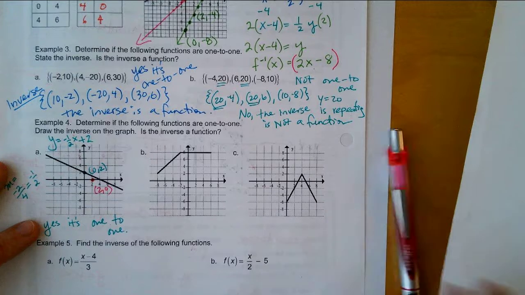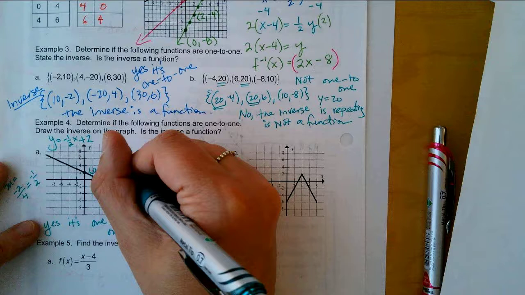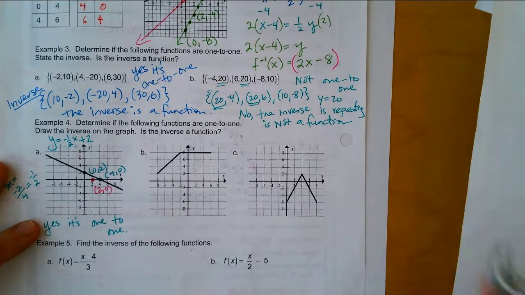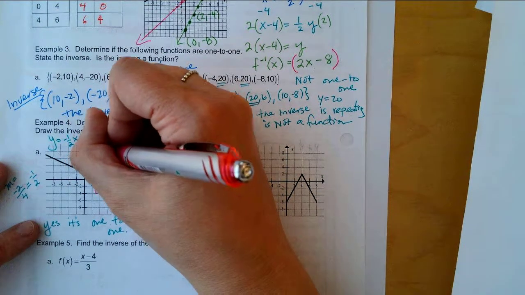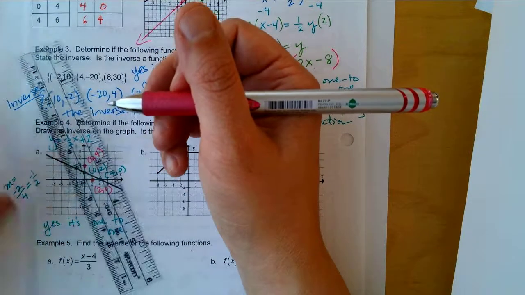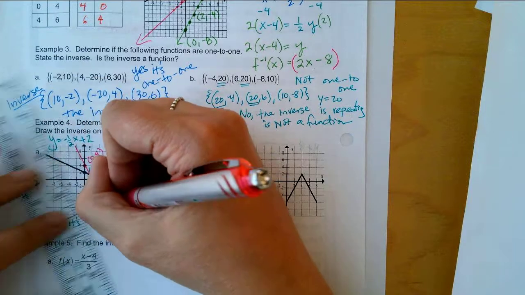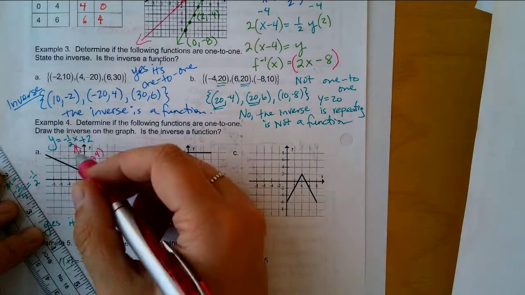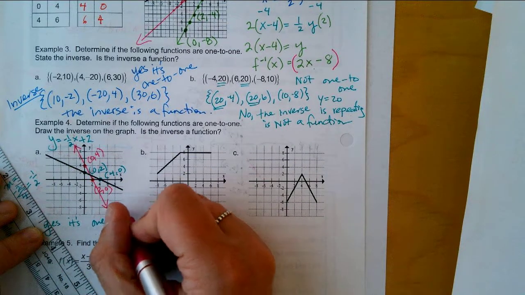Okay, let's find another point on the graph. What's this ordered pair right here? 4, 0, right? Tell me what the swapped point is going to be. 0, 4. So if I swap two of the points, and then I go ahead and draw my line, that's the inverse function, right? Can anyone tell me what the equation of that line is going to be?